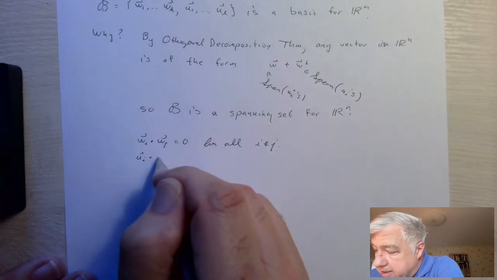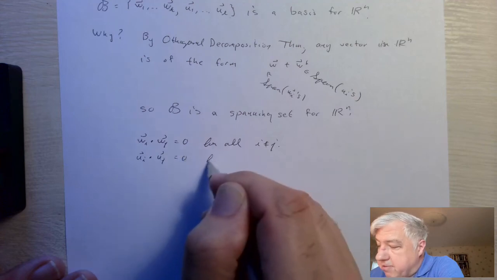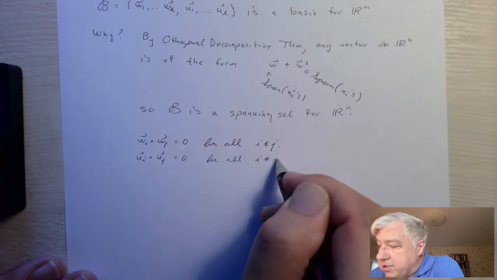Similarly, ui dot uj equals 0 for all i not equal to j.